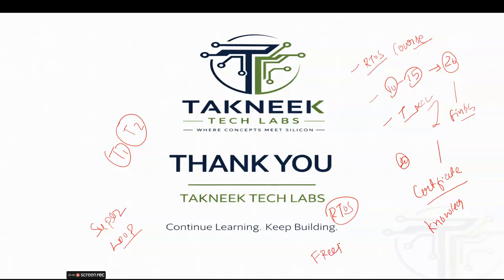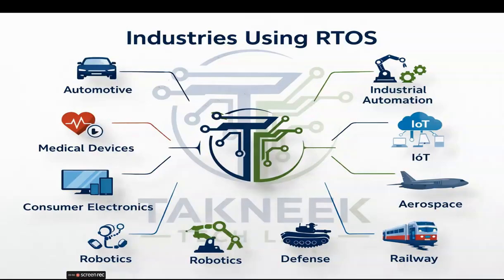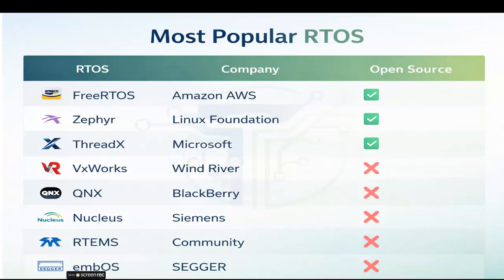It's the easiest one, and I will explain why in the subsequent lectures. If you go to Zephyr or ThreadX, you'll understand the complications involved just to get the first task running. So first get the concepts right with FreeRTOS, how the RTOS and scheduler work, and then go to Zephyr or QNX or VxWorks or whatever you want.